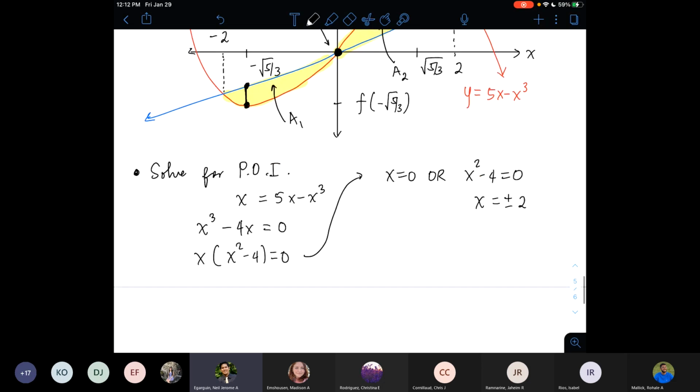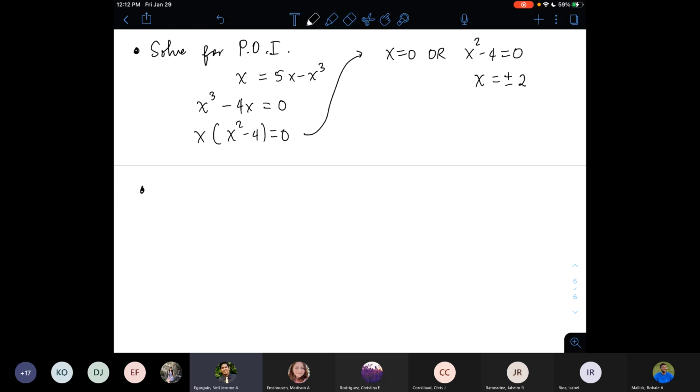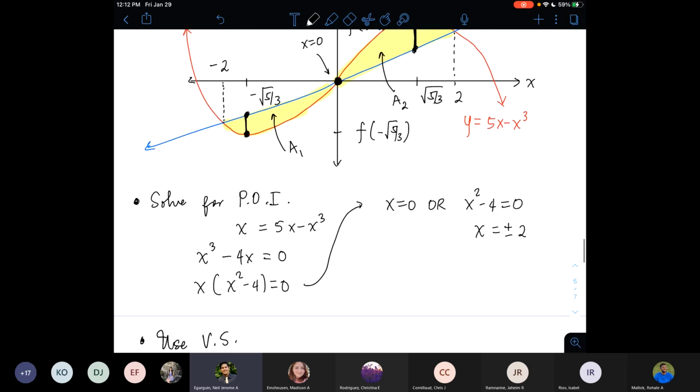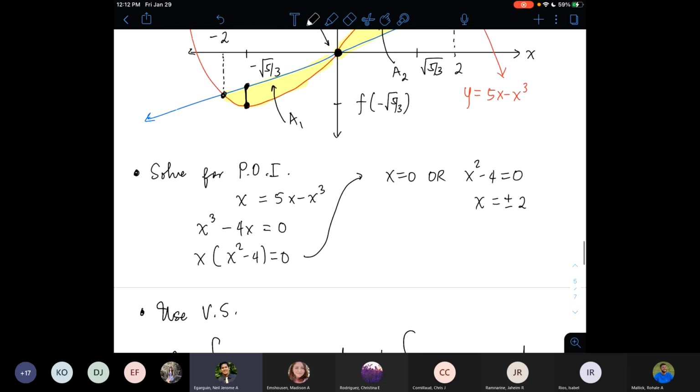Okay, let's put that into writing. So here I will use vertical strips, and that's why the area is in terms of x. And we know there would be two parts to it. I'll put the x there. And then bounds for x. For area 1, the bounds would be from negative 2 until this point of intersection 0.